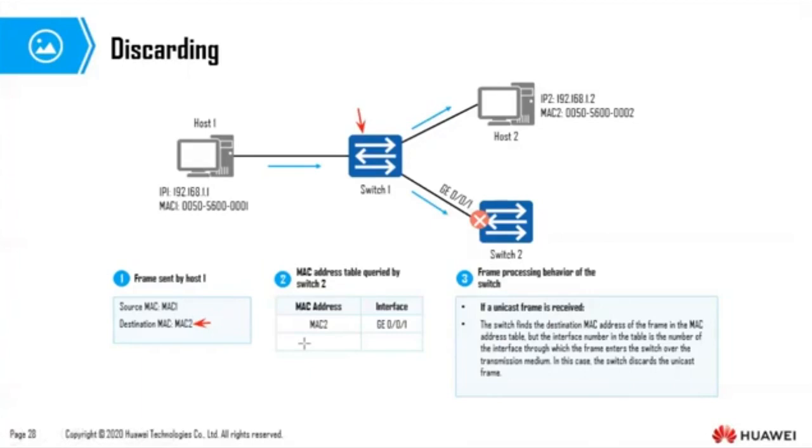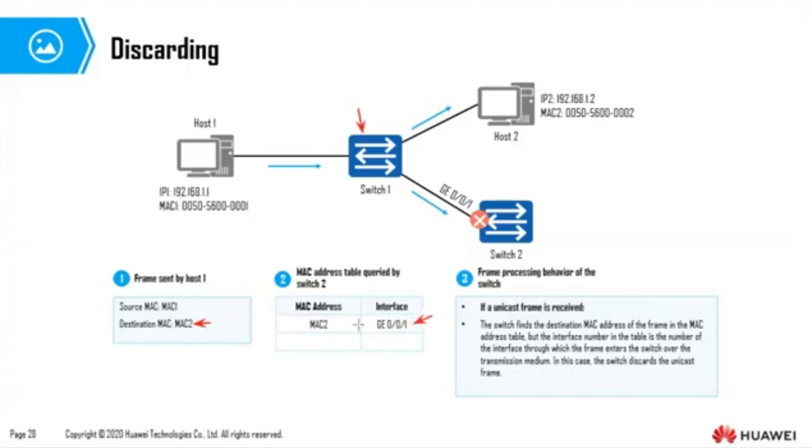Switch 1 then searches its own MAC address table for the destination MAC address of the frame. So if the destination MAC address does not exist in this particular table, then switch 1 will flood it.